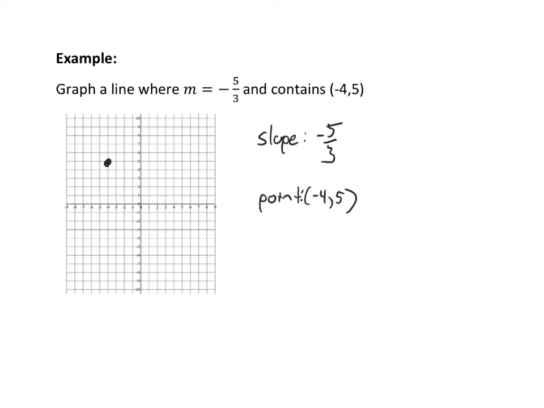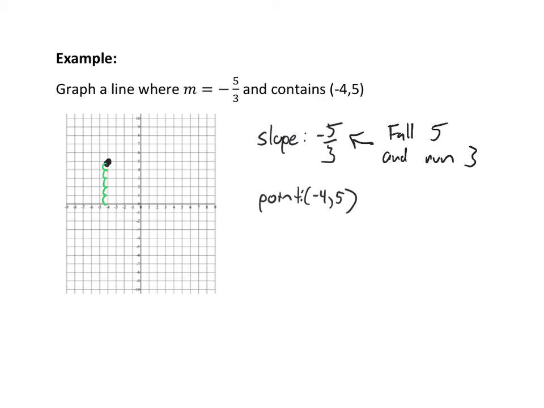Since we have a negative slope, we are actually going to fall 5 and run 3. You'll see why that is actually going to create our negative slope once we do that. So I'm going to use the green just to show what's happening. From this point, we are going to fall 5: 1, 2, 3, 4, 5 places.